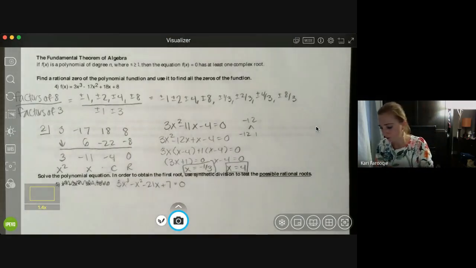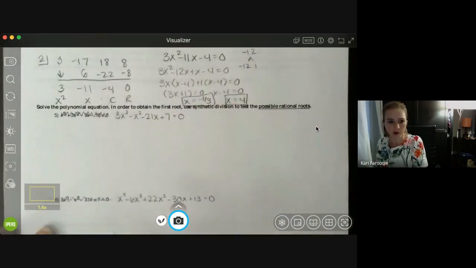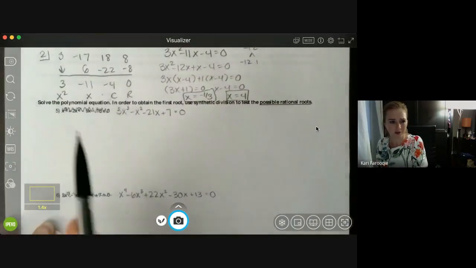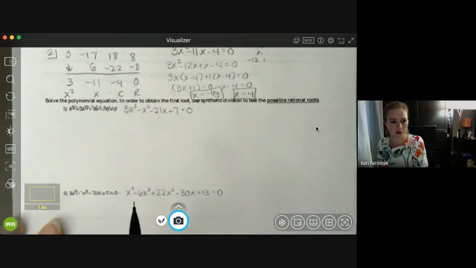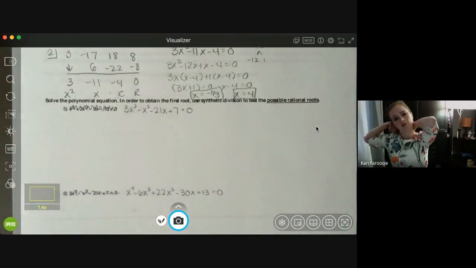Wonderful. All right, I redid these a little bit down here because there was a problem I wanted to get in, and then I just felt like, do we really need to do both of these? So I switched number 6 to number 5, and then I put down a new number 6. So take a moment to write down number 5 as 3x cubed minus x squared minus 21x plus 7 equals 0.